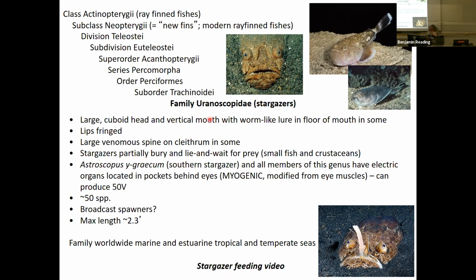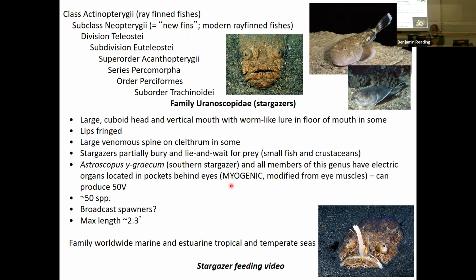And again, they partially bury into the substrate, mostly the sand, and then they lie in wait for prey, small fish and crustaceans to swim by. And then they sort of surprise and eat them. The southern stargazer and members of this genus, Astroscopus in family Uranoscopidae, have electric organs located in pockets around the eyes that are myogenic.